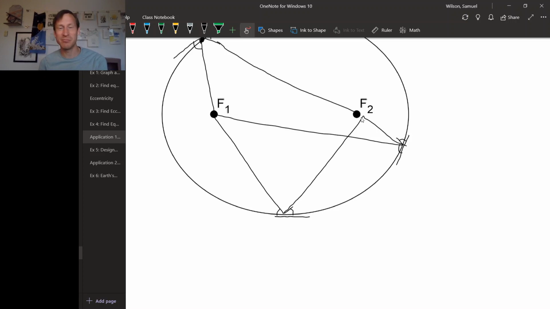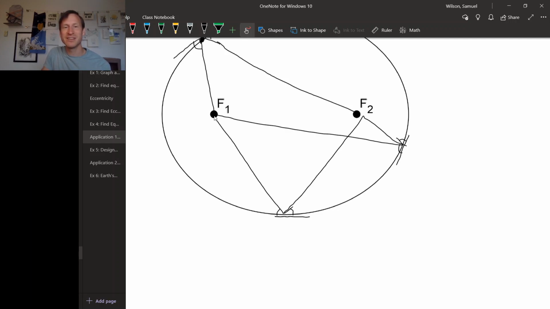If you make a large room in the shape of an ellipse, it's called a whispering gallery, because if someone stands at one point and whispers, and you stand at the other point and listen, you can hear what they say very clearly, even if they're very far away.